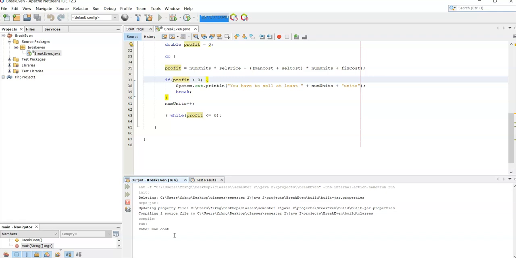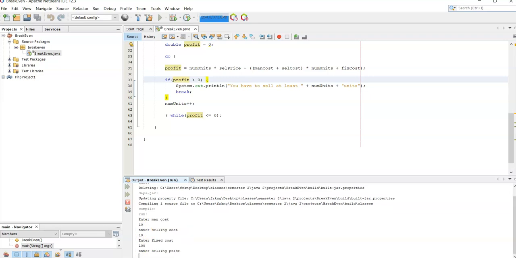But I was wondering, if I enter, okay, let's say, so there's a bug probably. Let's say manufacturer cost is $10, and then selling cost is $10. So total variable cost is already $20, right? Okay, let's say $100 for fixed cost.